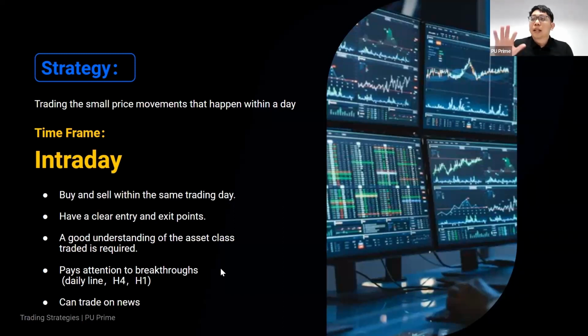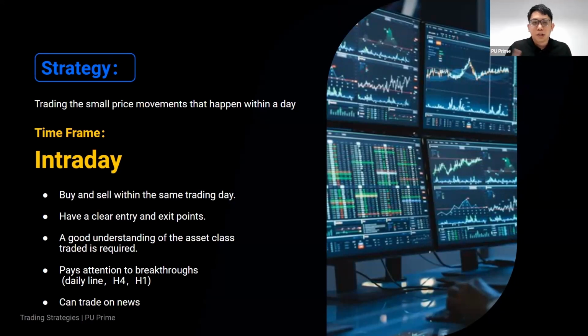But this kind of strategy requires you to at least have a bit of knowledge, a bit of understanding of the market, because if you open a position for half a day, and then some news hits, you have to know whether this news will have an impact on the asset class that you trade.